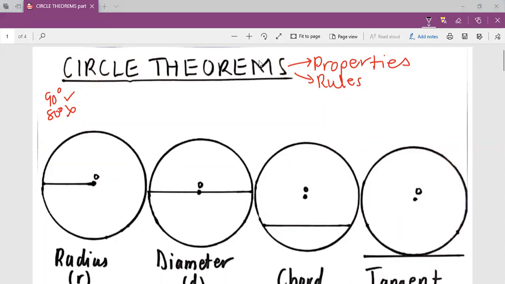Now, before we go to the rules, we have what we call lines. Inside circles, we have lines. So for lines, we have important lines.